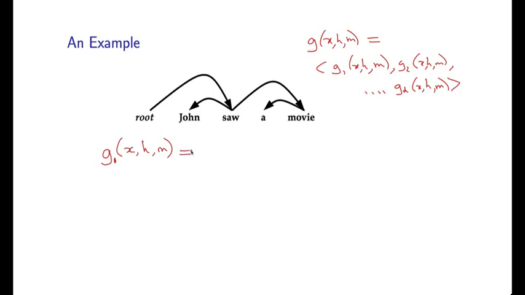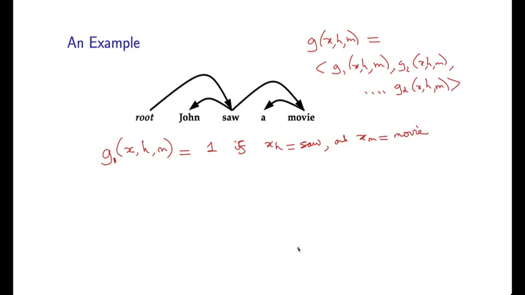So one such function might be the following. So this is 1 if x sub h is equal to saw and x sub m is equal to movie.